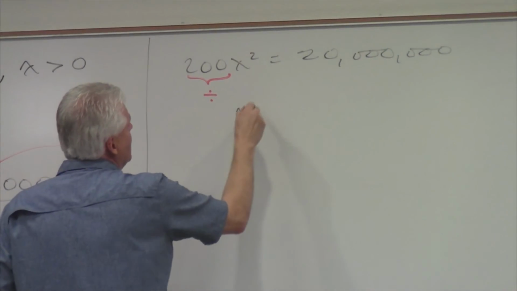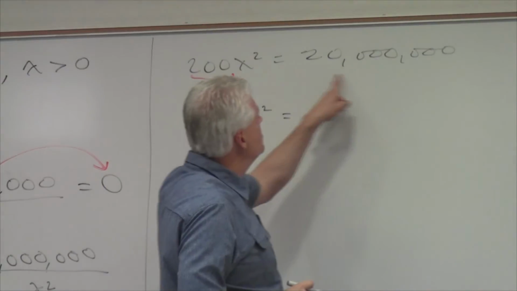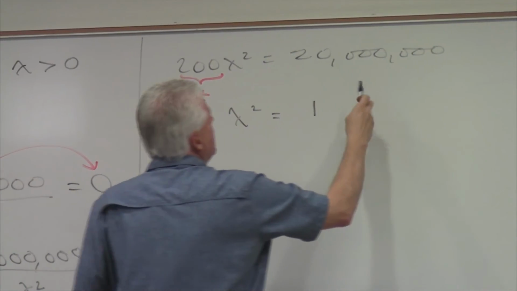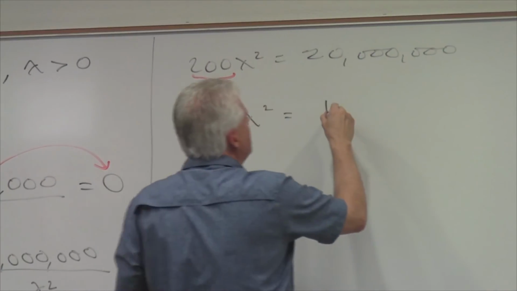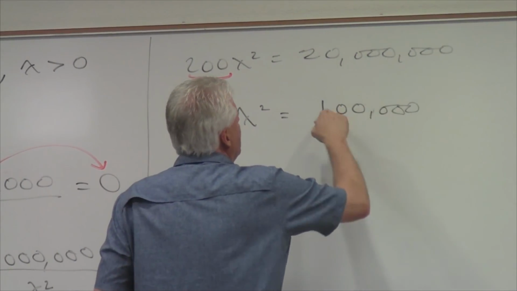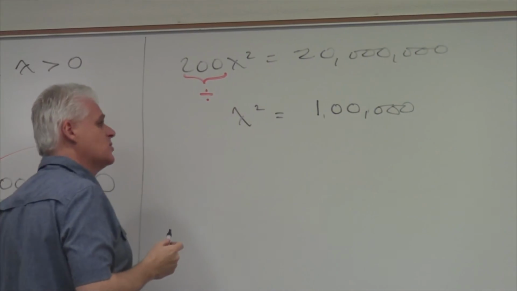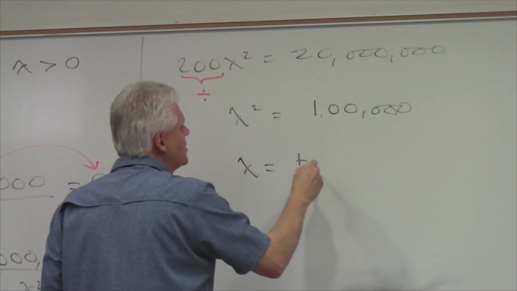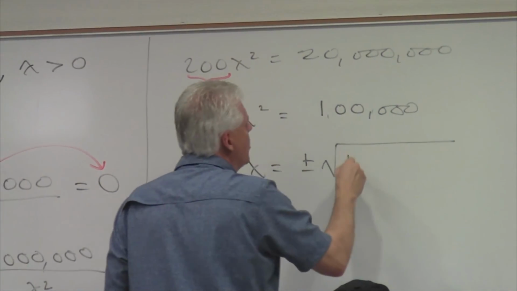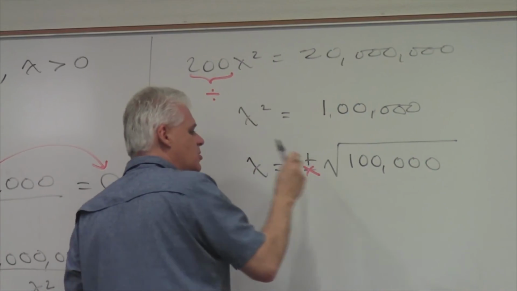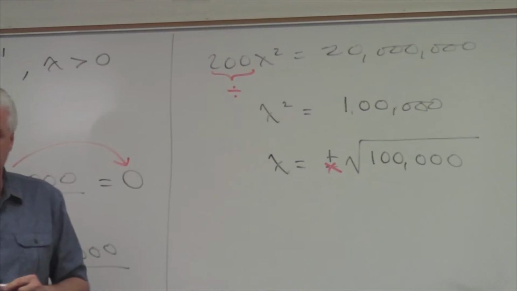And we'll get that x squared is, I need to knock 2 zeros off of this and divide by 2, so I'll get 100,000. Is that right? And take the square root of that. So x is plus or minus the square root of 100,000. The negative is not in our domain, so we would discard it.